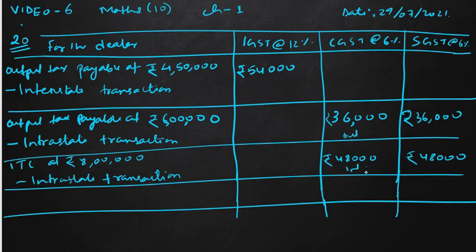So we can say that this is our output, this is our input. How much amount of tax do we pay? What is the formula? GST payable. What was the formula for GST payable? That is our output minus input.